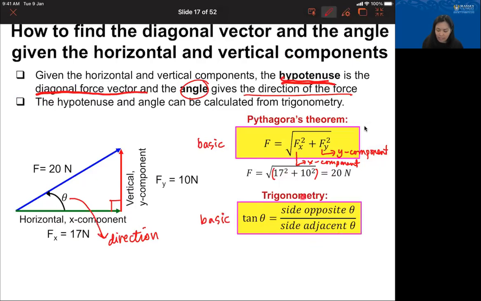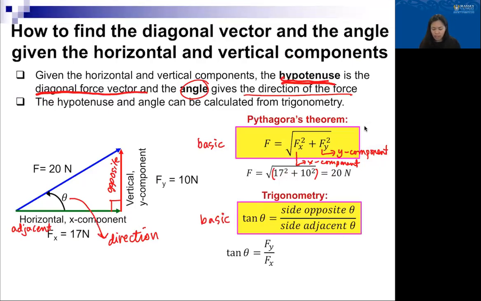You can see the side opposite the angle is the y component, or the vertical, and the side adjacent is the horizontal or x component of the vectors. So in this case, tangent theta is equal to the y component divided by the x component. We want theta. We do not want tangent theta, because theta gives you the direction.